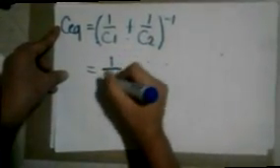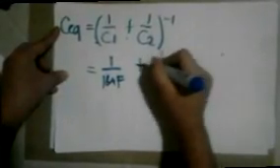And since they are connected in series, we have to use equation 5 again. C equivalent is equal to the inverse of 1 over C1 plus 1 over C2. And we have 1 over 18 microfarad plus 1 over 9 microfarad, inverse.